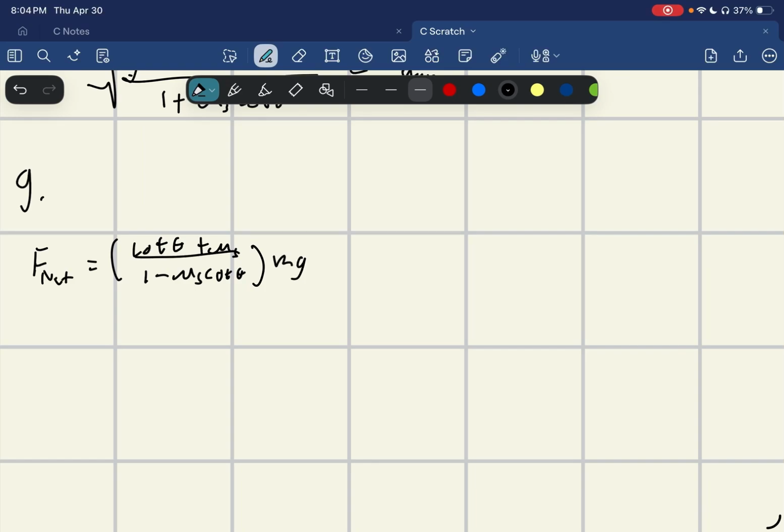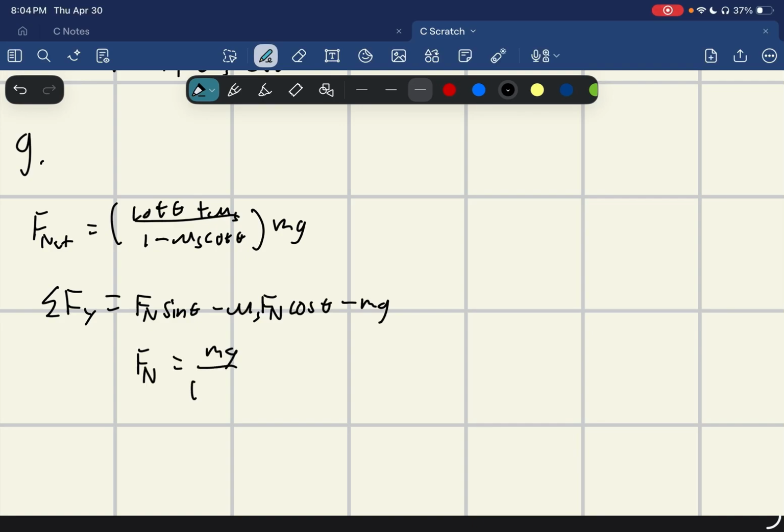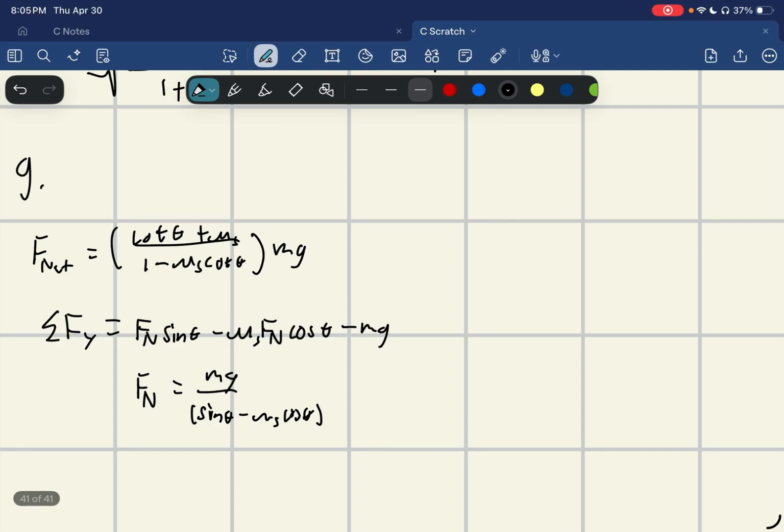Okay, so starting once again in the y direction, we know that the net force in the y direction is equal to Fn sine theta minus mu s Fn cosine theta minus mg, and then Fn, which is basically like earlier, we isolate to get Fn is equal to mg all over sine theta minus mu s cosine theta. It's the same process as in part E, I'm pretty sure.